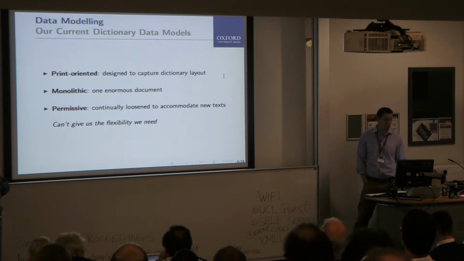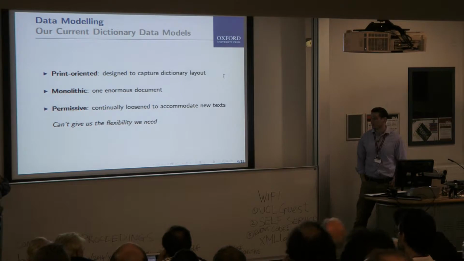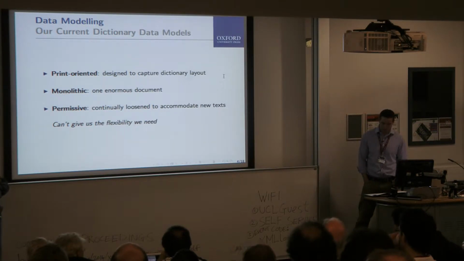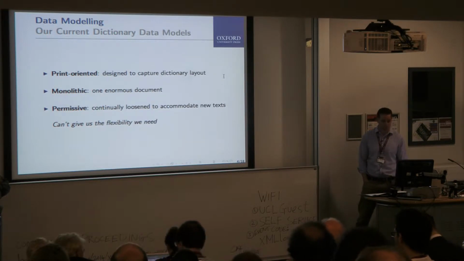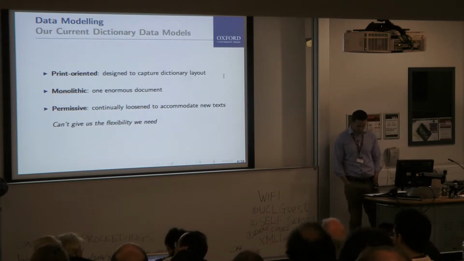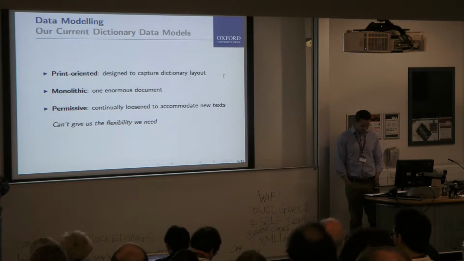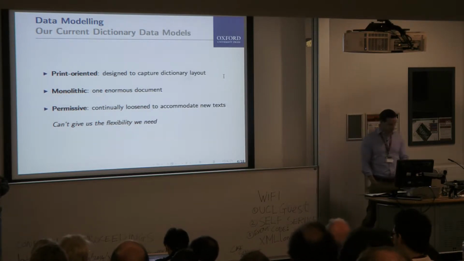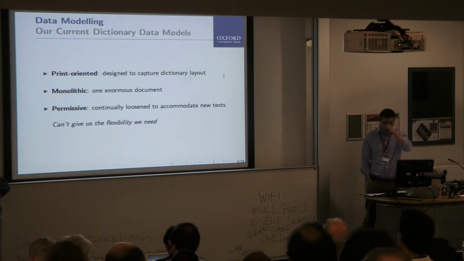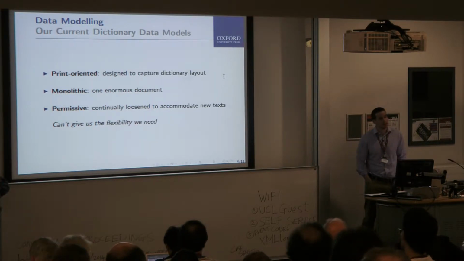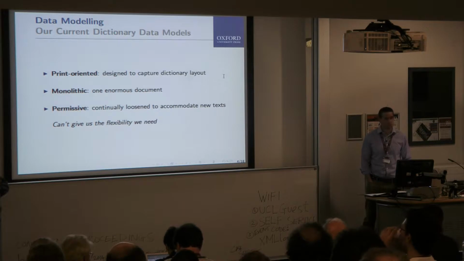The models now admit variation, which can become an implementation blocker for people looking to automatically process the data quickly. And so while these models are good for capturing formatting intricacies of complicated dictionary entries, they're not quite semantic enough to give us the flexibility that we need.